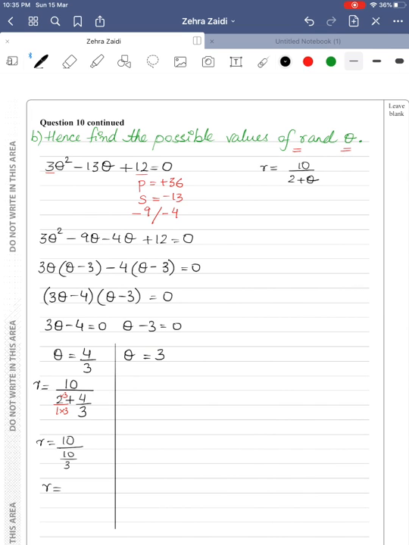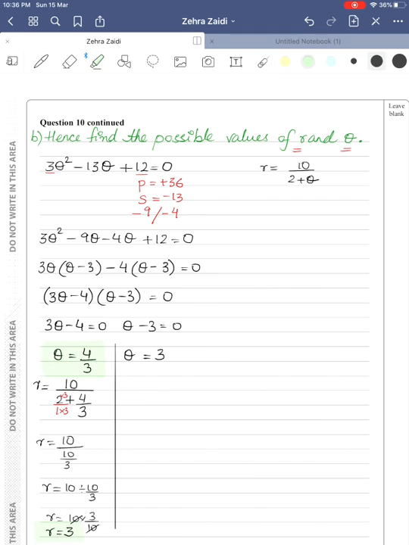Therefore r is equal to 10 divided by 10 divided by 3, and r is equal to 3. So when theta is 4/3, r is equal to 3.